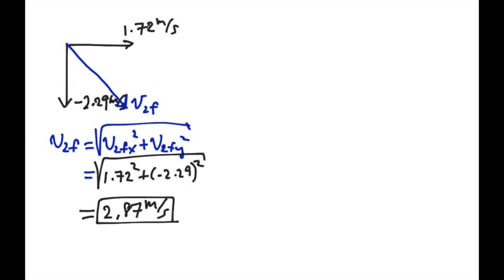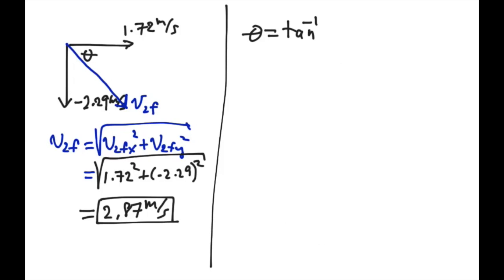Out of curiosity's sake, let's find the angle that it makes as it's veering off from the x direction. That angle theta, at least the magnitude of that angle, should be the inverse tangent of our y component, 2.29, over our x component, 1.72. So if we take the inverse tangent of 2.29 divided by 1.72, that is 53.1 degrees.